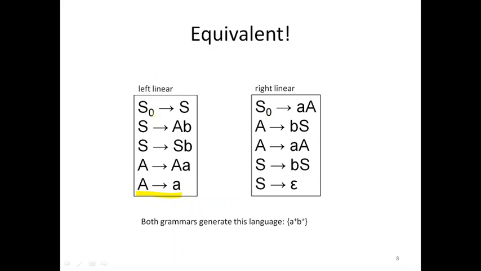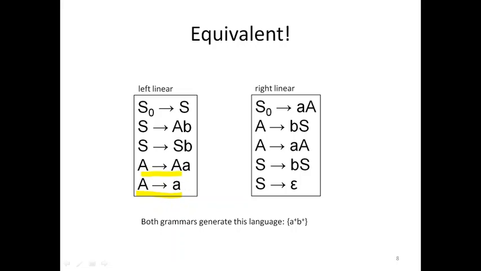Now let us convert the given grammar to right linear form. So now we will look at each production one by one. We will look at the production A giving small a. What we are going to do is we will add a production like start symbol giving small a capital A to the grammar in right linear form. Now let us look at the next production.